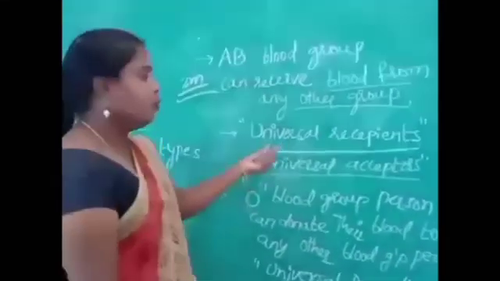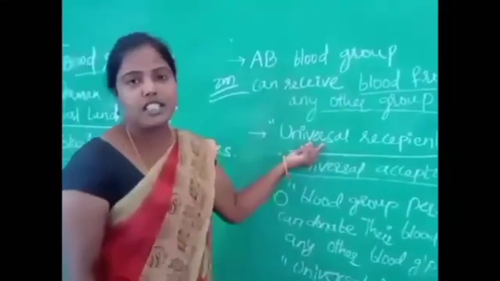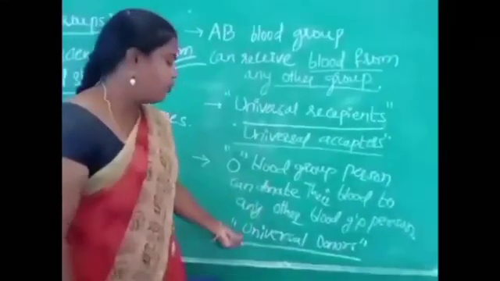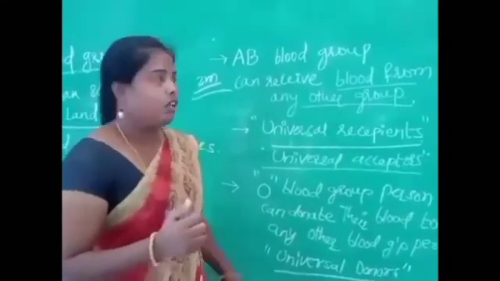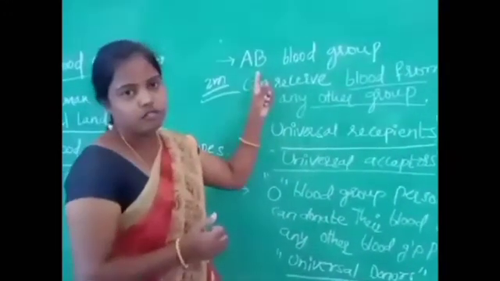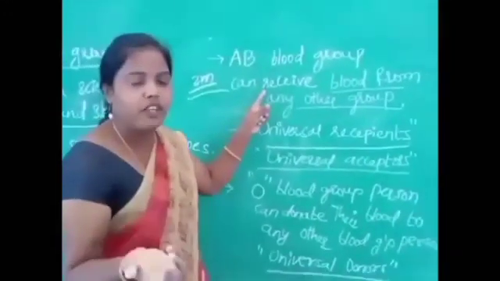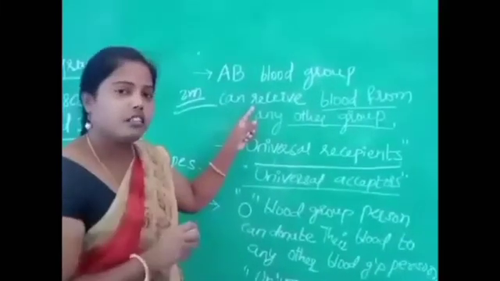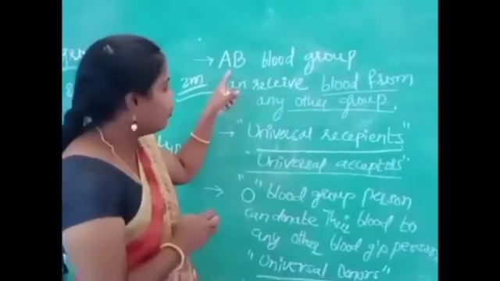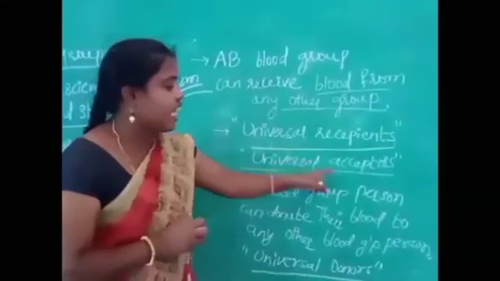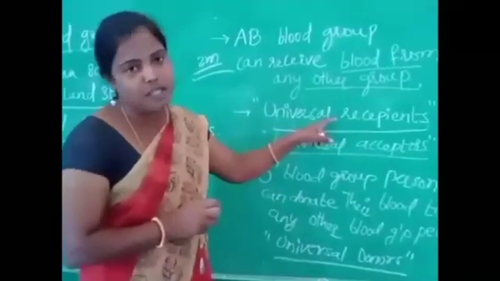Who are called universal recipients or who are called universal donors? Why? Okay, the people of AB blood group can receive blood from any other person. That's why AB blood group persons are called universal acceptors or universal recipients.